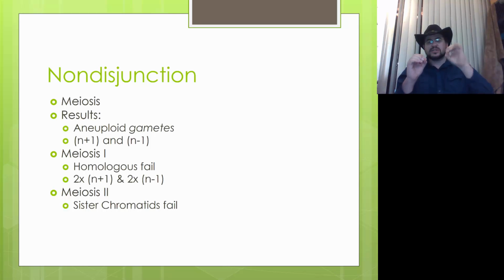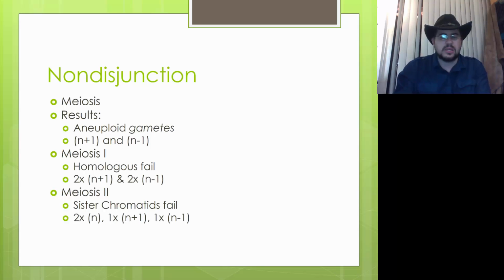So when non-disjunction occurs during meiosis II, the sister chromatids in that one cell fail to break, and instead the whole thing moves to a pole, and in that one cell where it occurred, you'll get N+1 and N-1. Whereas in the other cell where it didn't occur, you'll get two regular haploid gametes, N and N. So two N cells, one N+1, and one N-1.